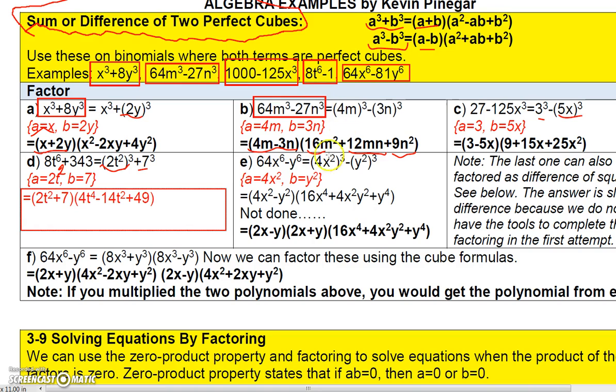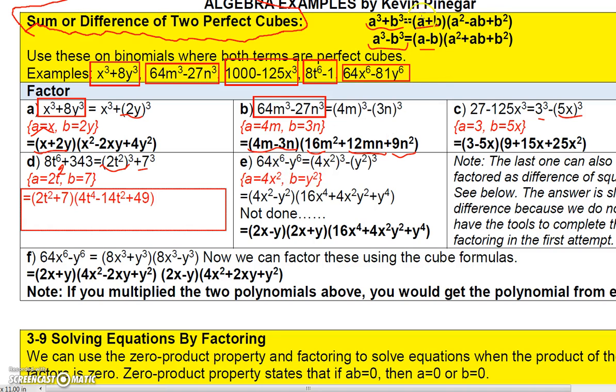Okay? Now, this next one, 64x to the 6th minus y to the 6th, you can write that as 4x squared cubed minus y squared cubed, so a would be 4x squared and b would be y squared.